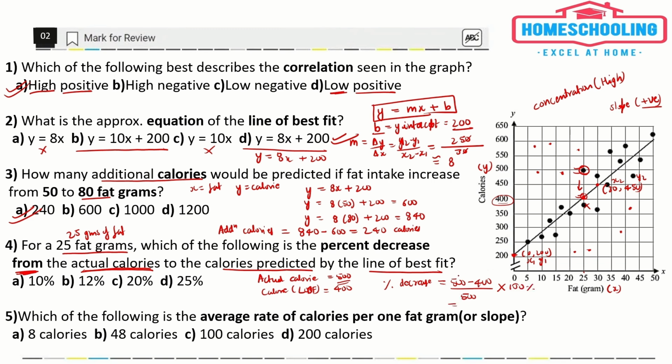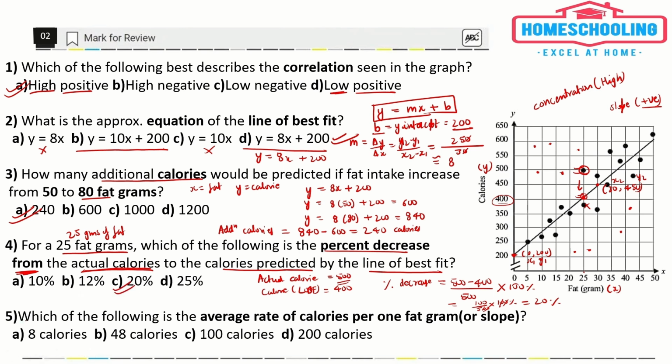This is 100 by 500 times 100%, which is 20%. So the percentage decrease from this actual point to the point on the line of best fit is 20%. So option C is your correct answer.